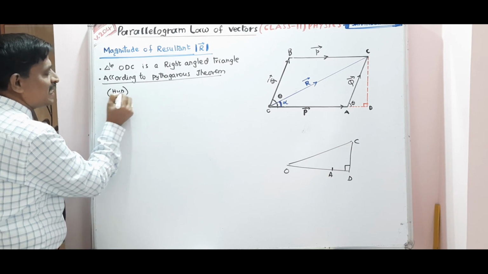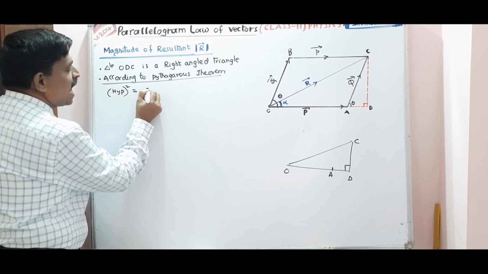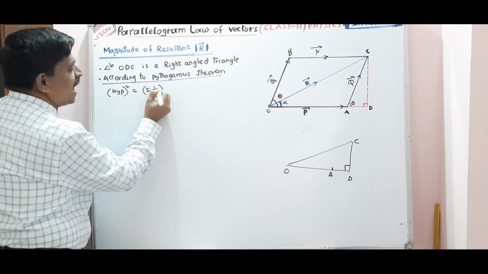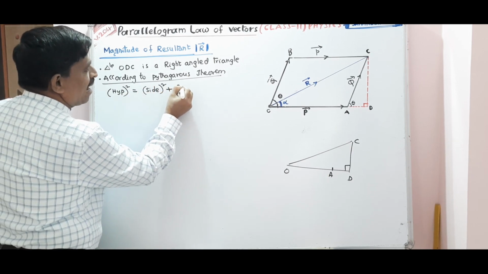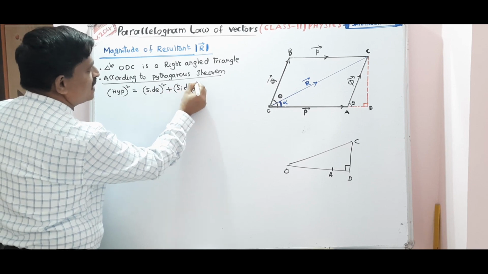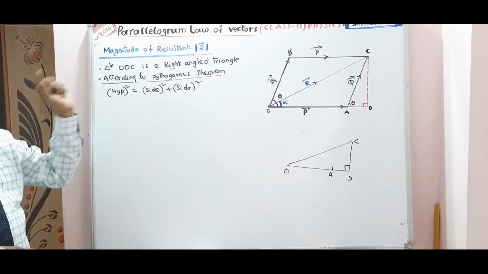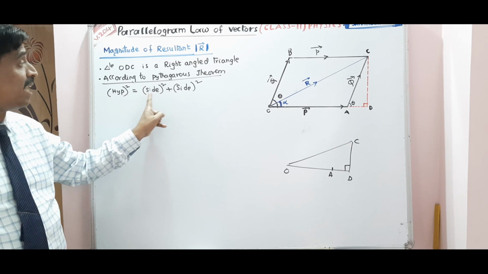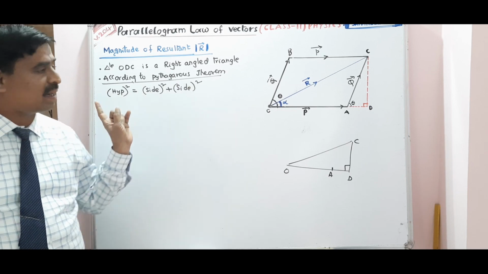Hypotenuse square is equal to side square plus side square.